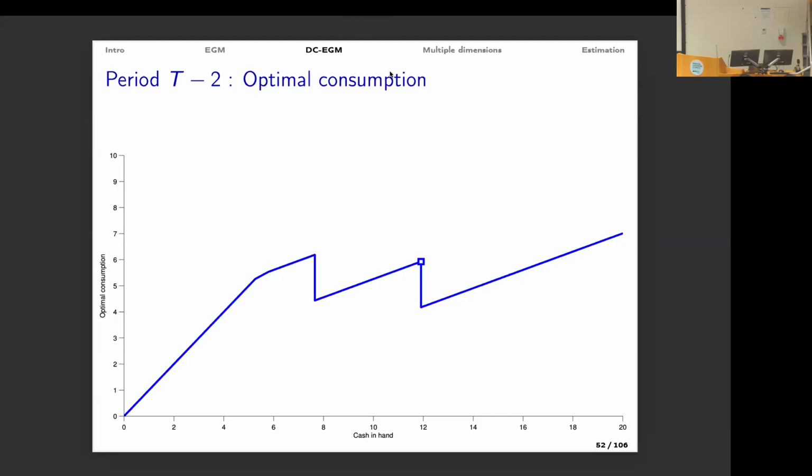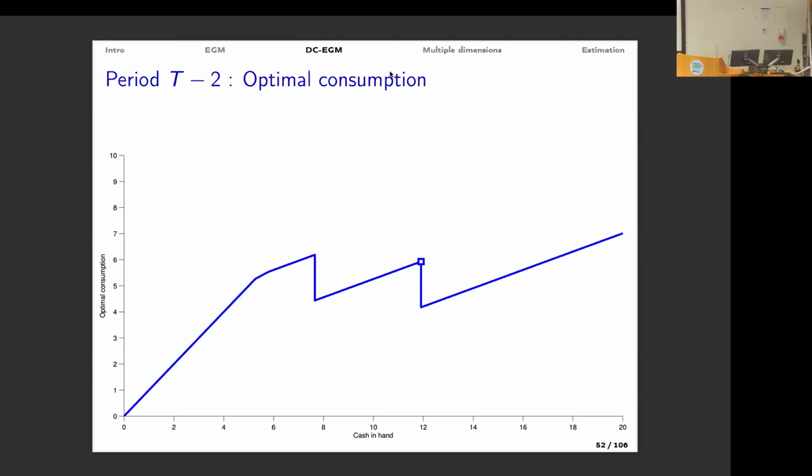The optimal consumption now in capital T minus 2 looks like this. Again, disregard the vertical lines. This square here denotes the primary kink. If the agent has more wealth than this, more than 12, then it's optimal to retire. If the wealth is less than this, then it's optimal to be working. That's the kink that separates the two options.